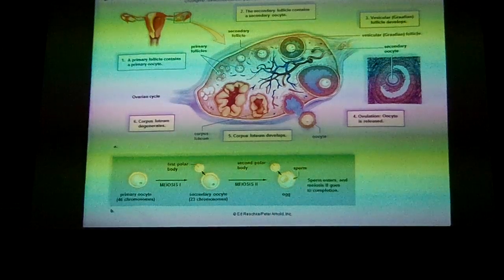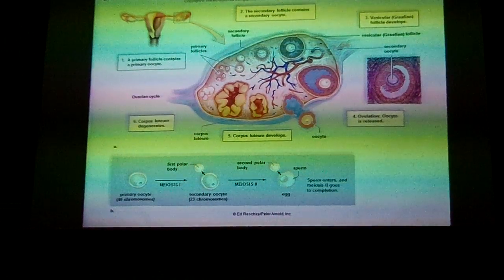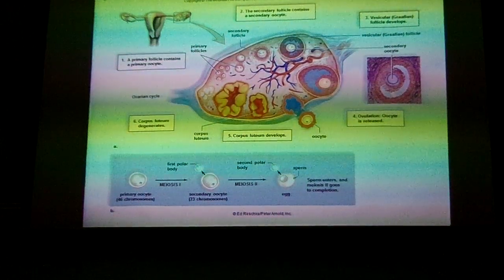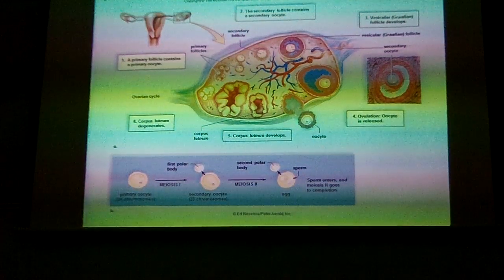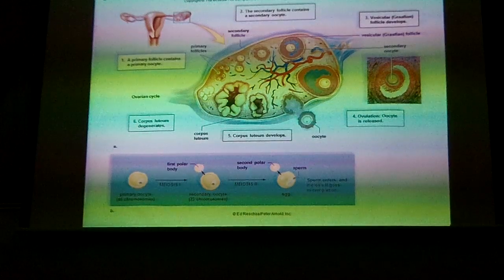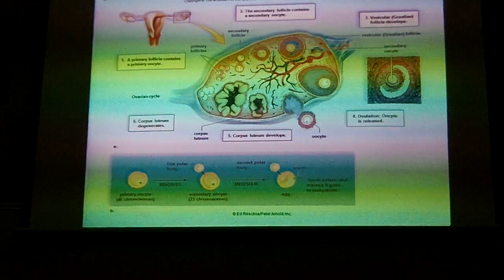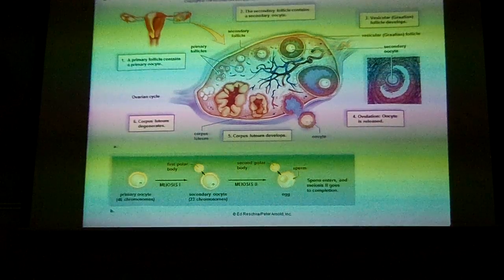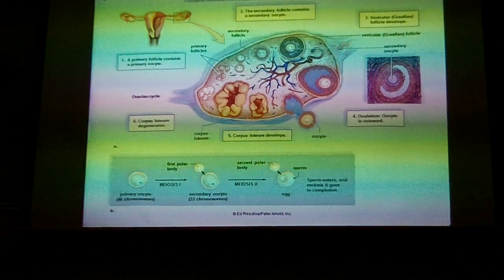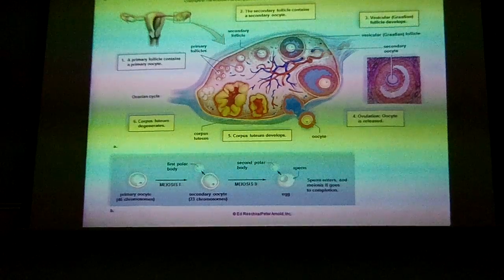But in girls, FSH goes to the ovary and tells a follicle to start maturing. Now a follicle is a container that holds an egg. And so FSH is a hormonal signal that tells that follicle to start maturing.